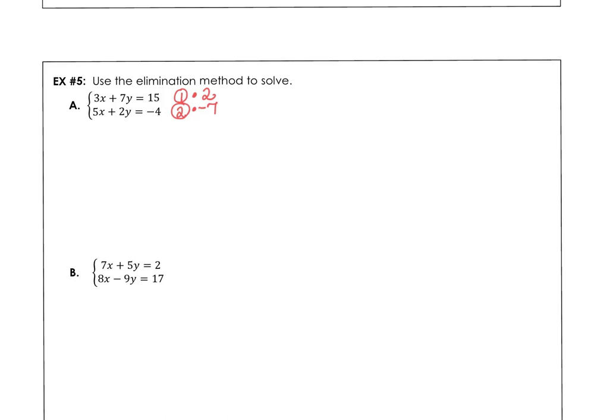Now, do you understand why I want to do that? Because we're going to make inverses, and 7 times 2 is 14. So multiplying equation 1 by 2, 3 times 2, 7 times 2, and 15 times 2, and then multiplying equation 2 by negative 7, 5 times negative 7 is negative 35. 2 times negative 7 is negative 14, and there you can see our inverses.